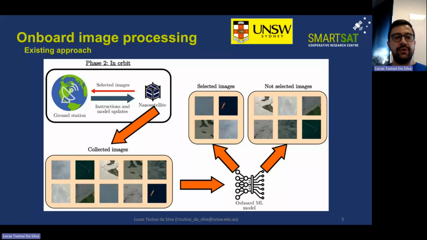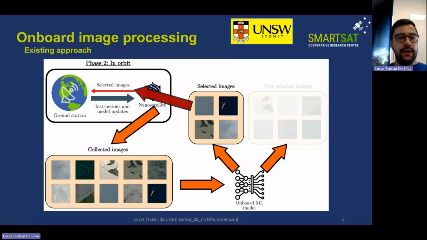So the images are separated into sets, the selected images and the not selected images. Then the set of selected images is transmitted to the ground station, and the other set is discarded. Note that hopefully the satellite is going to transmit less data than it collected. So this is how the existing approaches for onboard image processing in nanosatellites work.